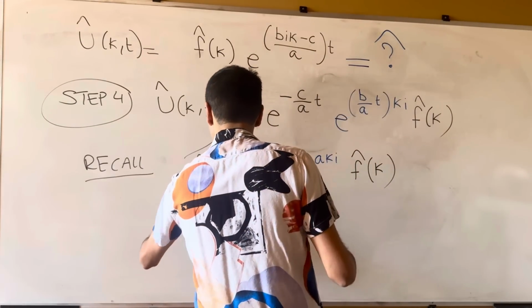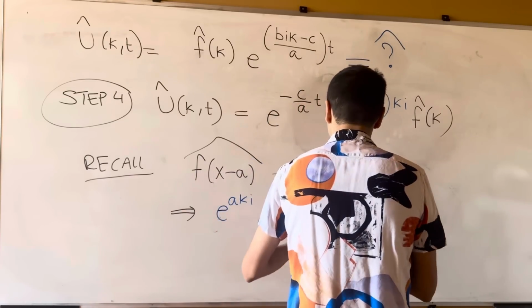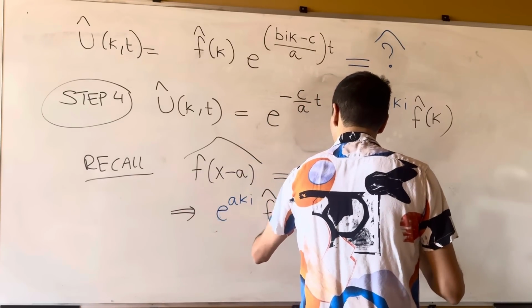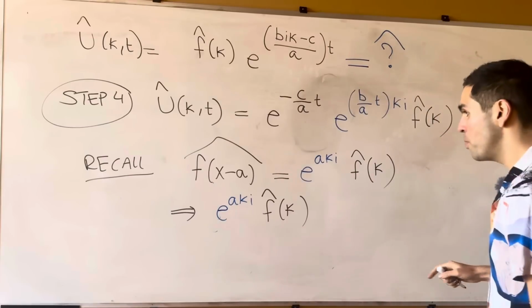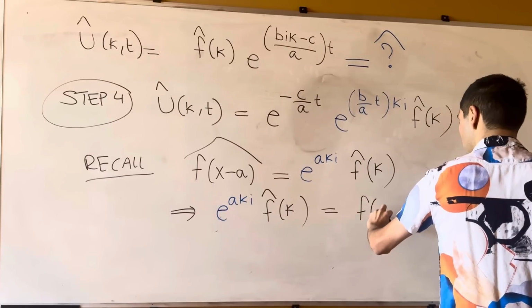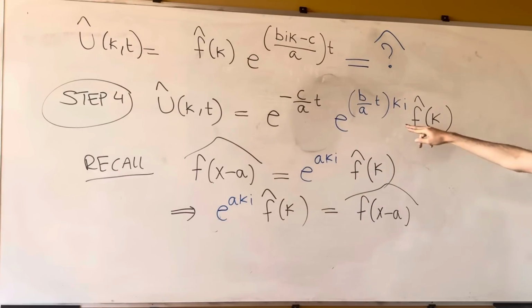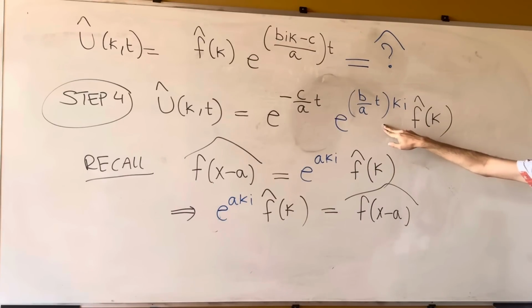In other words, if you have some exponential term, a kappa i, times the Fourier transform, and you put it in, it just shifts the function, f of x minus a, hat. And in fact, this is precisely what is happening here.